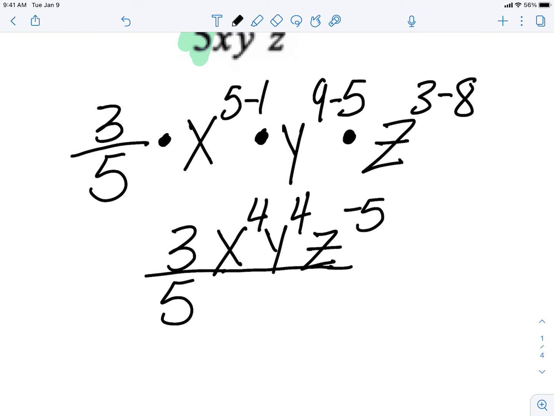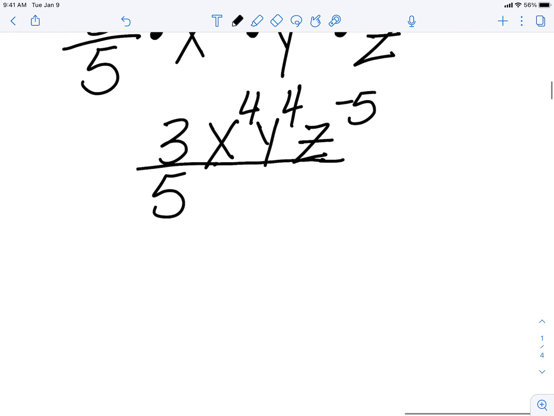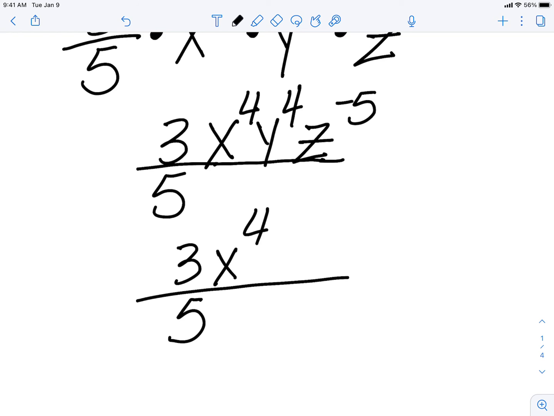But you already know there's a problem here. This negative 5 needs to be positive, so I'm going to move z down on the bottom and make 5 a positive. So when I rewrite it, right, I'm going to have x to the 4th, y to the 4th, and z is moving down and becoming a positive 5, just like that.